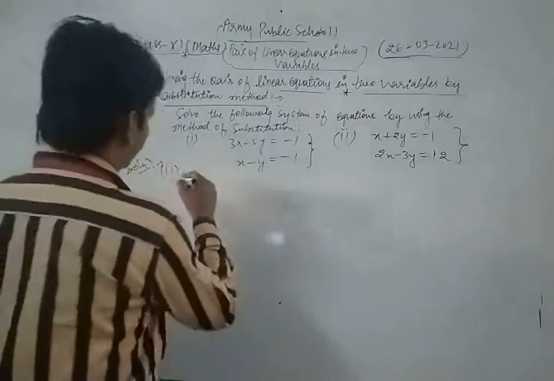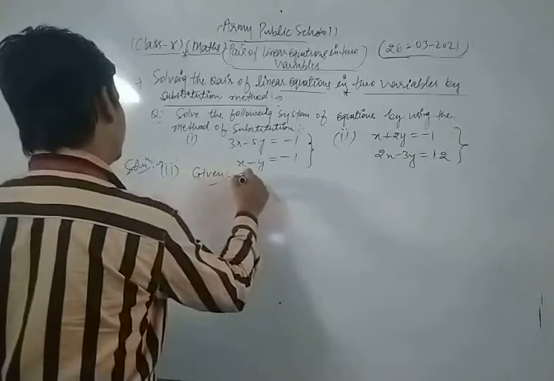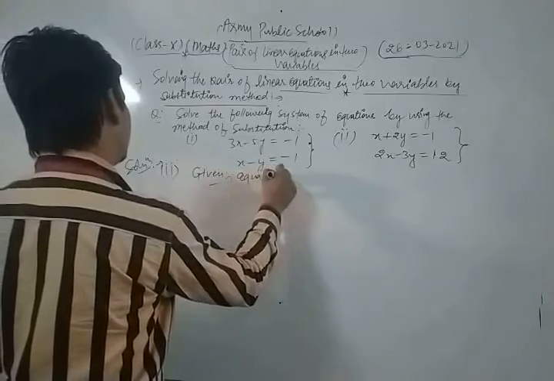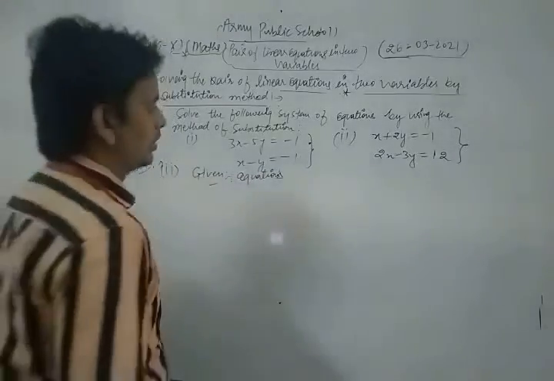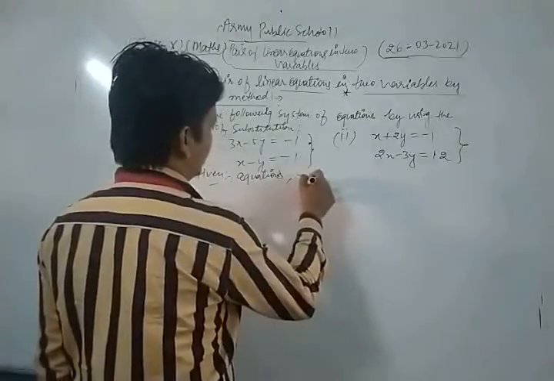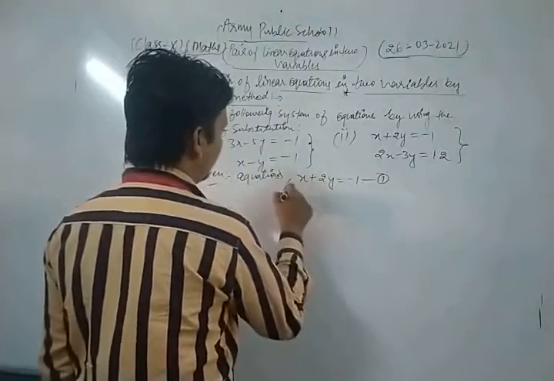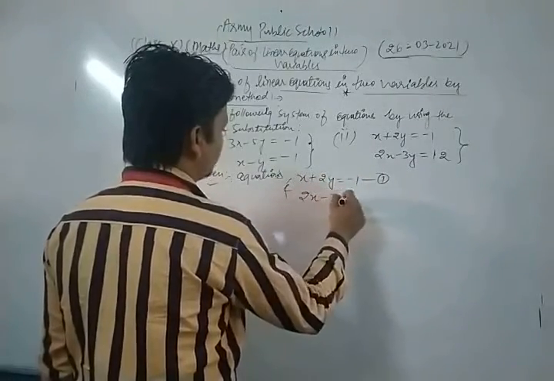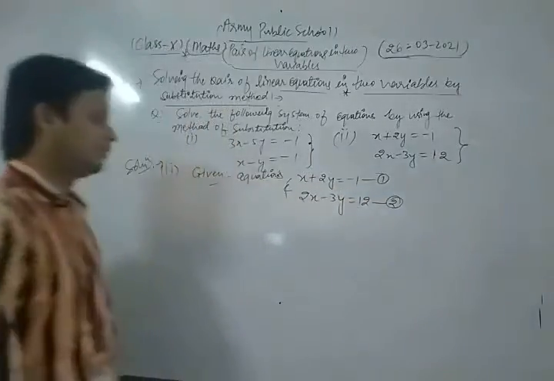First of all, we write the given equations. The given equations are x plus 2y is equal to minus 1, take it as equation 1, and 2x minus 3y is equal to 12, take it as equation 2.